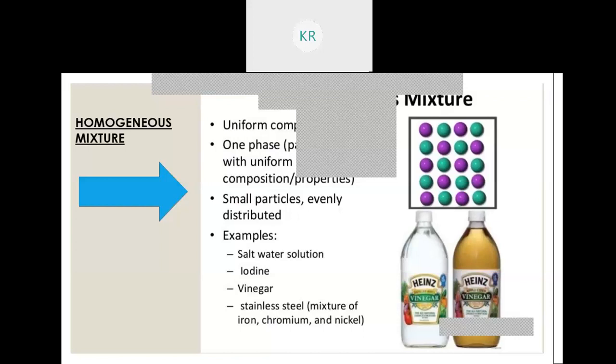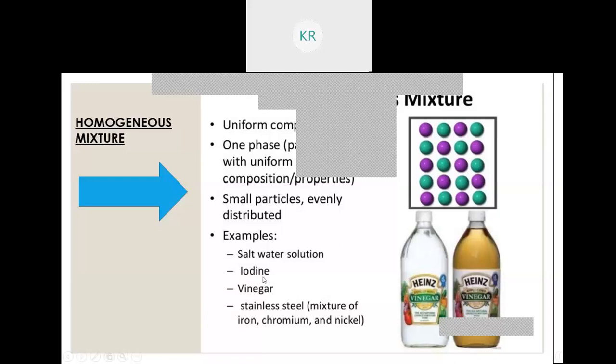As you can see the examples here, salt water solution. If you take a glass of water and pour some amount of salt into it, when you stir it, after some time you can't see the salt particles because they will be evenly distributed in the water. So this is a kind of homogeneous mixture.